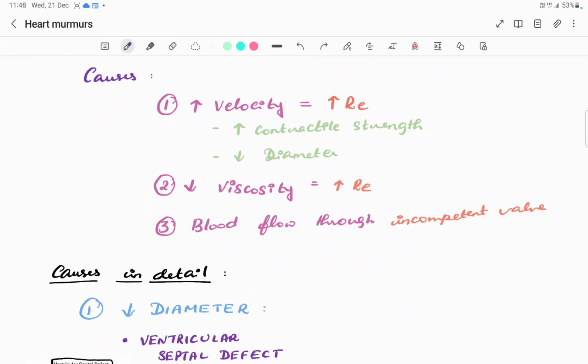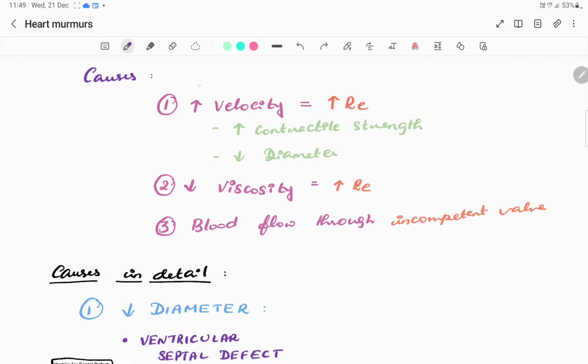First one is an increase in velocity, which will increase the Reynolds number. Then there'll be a decrease in viscosity that will increase the Reynolds number. And then there is blood flow through incompetent valves. That is important because this is the condition where we see all the regurgitation and stenosis of the valves.